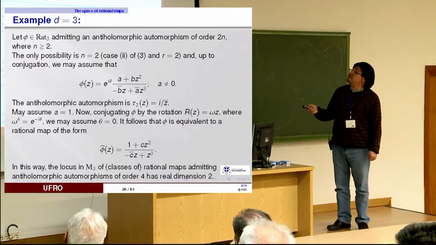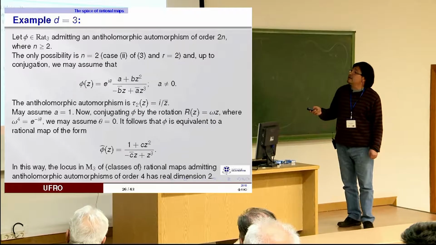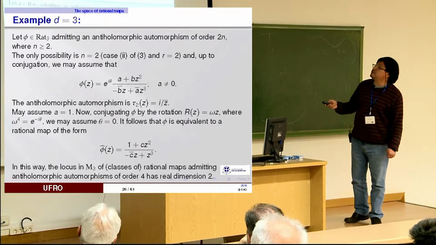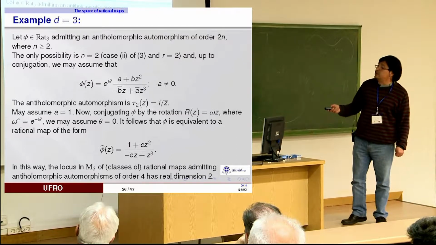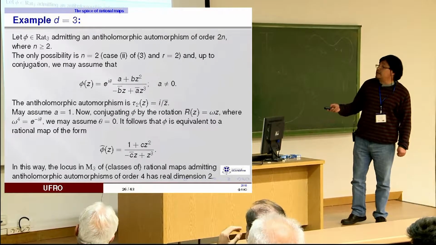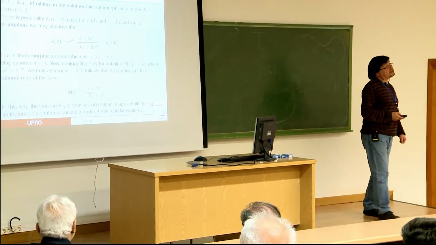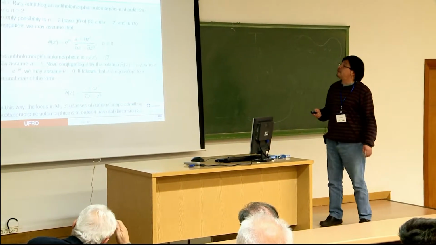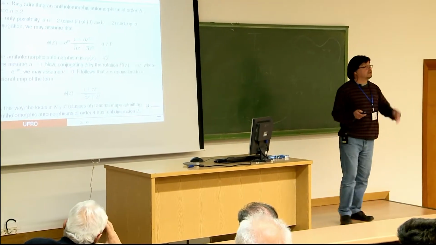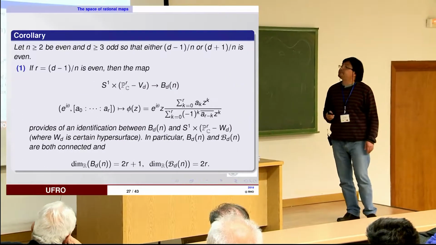But then you can take out A and A bar in here, so you put in here, again, an absolute value 1 number, so they look like this. And these are exactly this one-dimensional locus of rational maps of degree 3 admitting an anti-holomorphic automorphism of order 4, and no more. There's no more, just to mention.